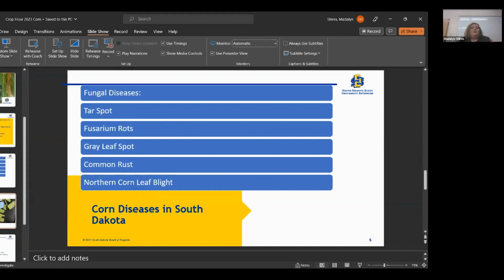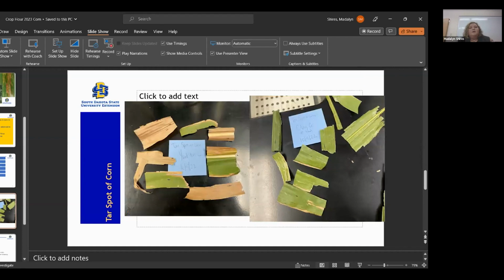I am now going to talk a little bit about tar spot. Some of you may have heard we found tar spot in 6 South Dakota counties in October of 2022. It's very likely that it is in several other counties, but we were late getting out to scout. So tar spot is a fungal disease caused by Phyllachora maydis.